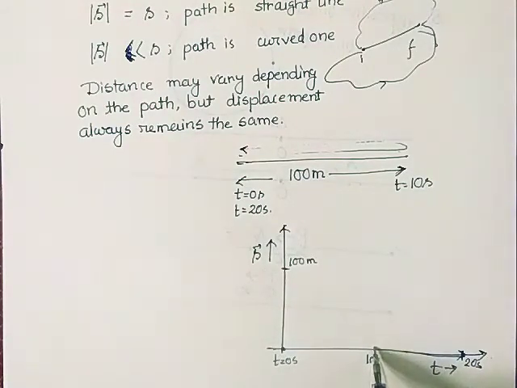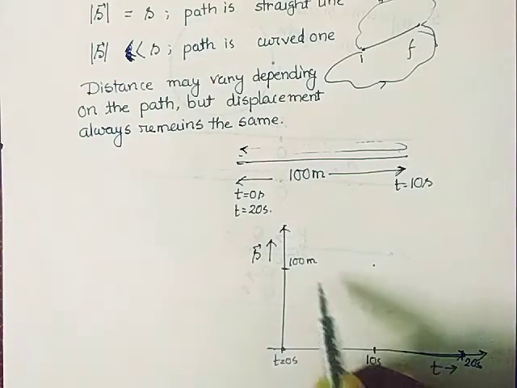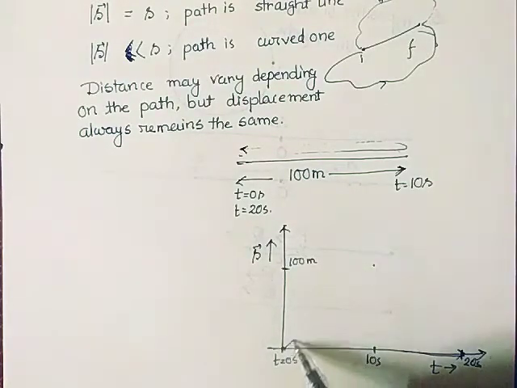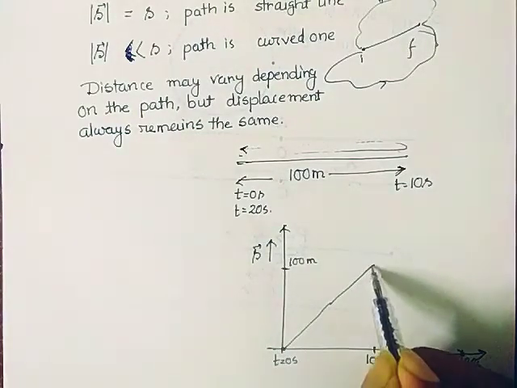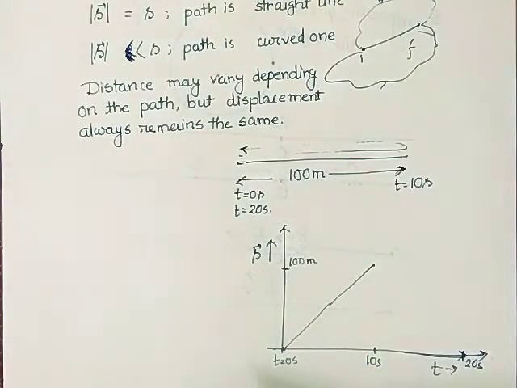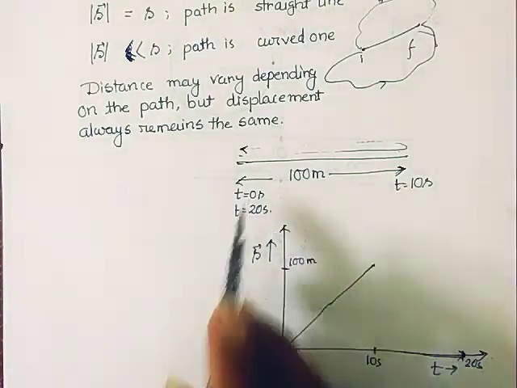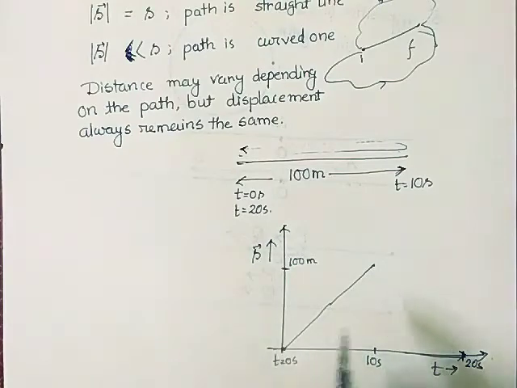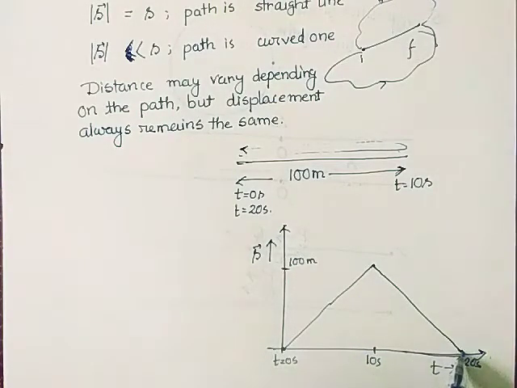When t equal to 10 seconds, it will reach the 100 meters. And when another 10 seconds pass, at 20 seconds, it returns back to 0 again.